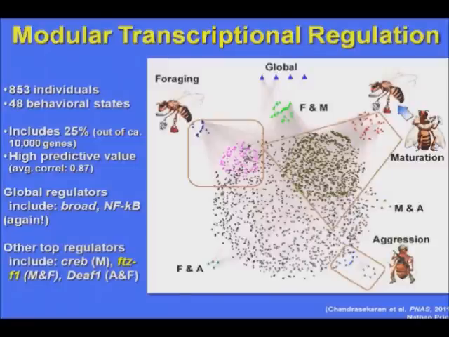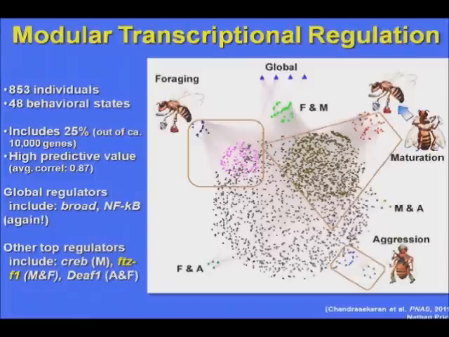Those are in these squares, like right here, and right here. These were transcription factors that, for example, here, could predict gene expression for foraging, but not for maturation or aggression, or these were able to predict expression for maturation, but not foraging or aggression, and so on and so forth. So who were some of these transcription factors? Well, a couple of names hopefully will be familiar to you.